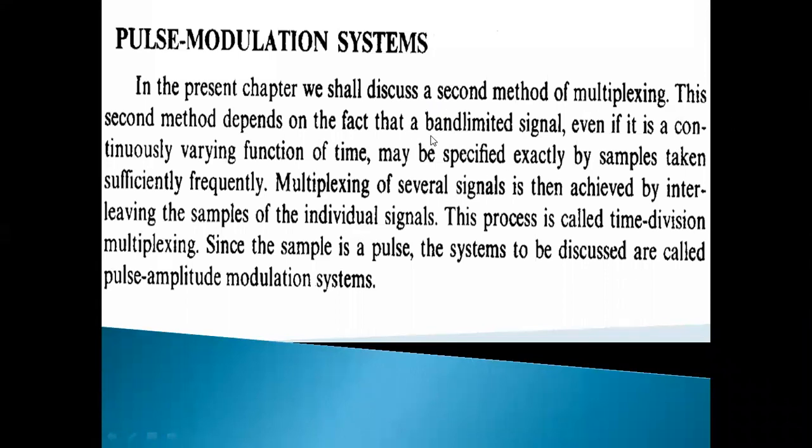In this chapter we discuss one more type, where multiplexing of several signals is achieved by interleaving the samples of the individual signals.